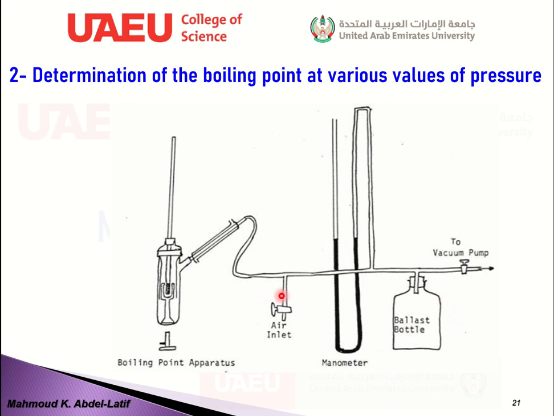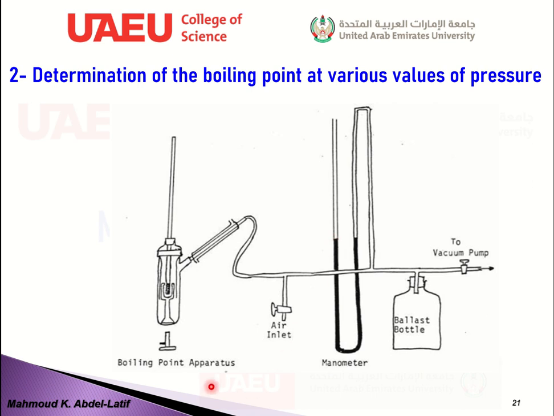Here is an air inlet, and here is the vacuum going to the vacuum pump, just to get the air out. You have the solvent under consideration here, and you evacuate this one, and you can determine the vapor pressure.